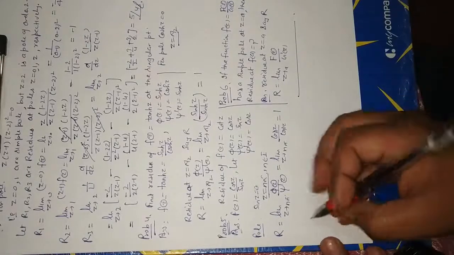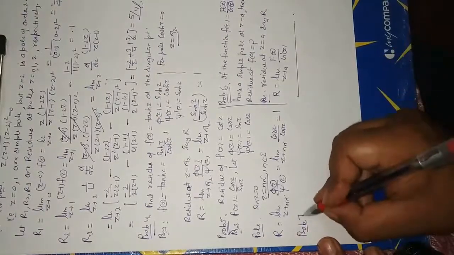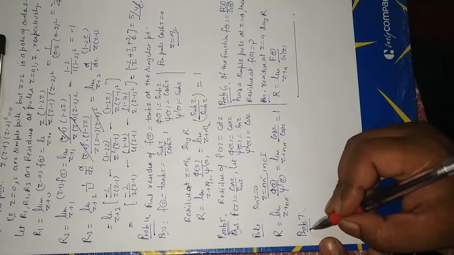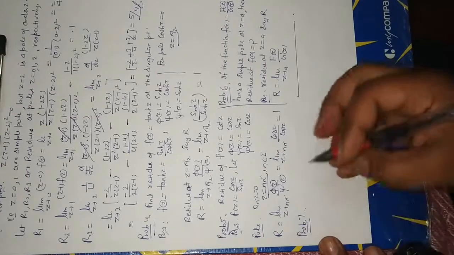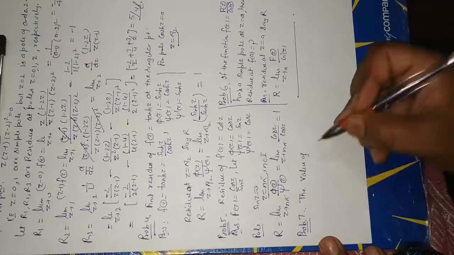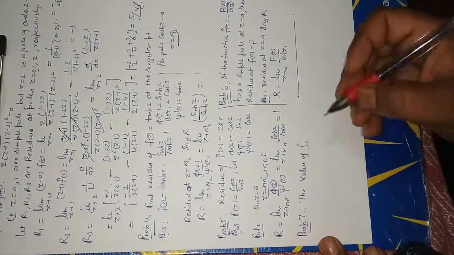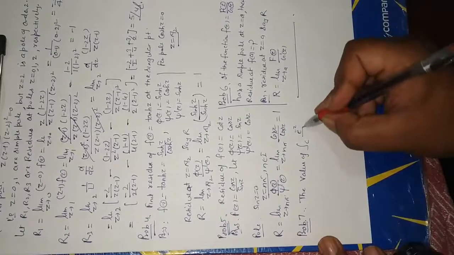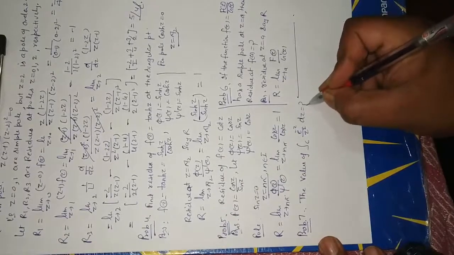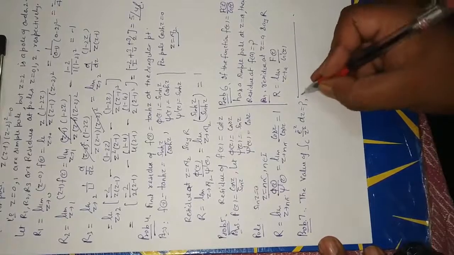Now next problem, problem number 7. The value of the integration over contour c of e to the power minus z upon z square dz, question mark, where c is the circle.